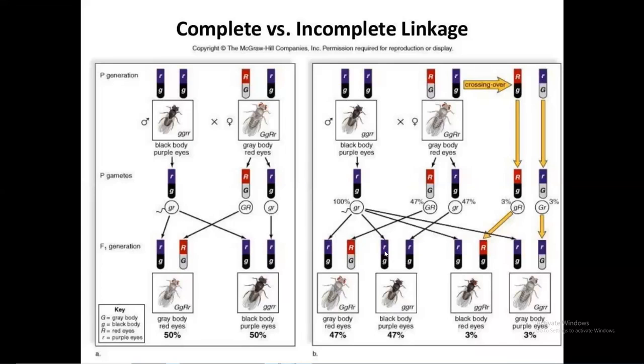Small g, small g, small r, small r. The recessive character for gray body is black body, and the recessive character for red eyes is purple eyes. So the offspring has black body and purple eyes. Is this clear till now?